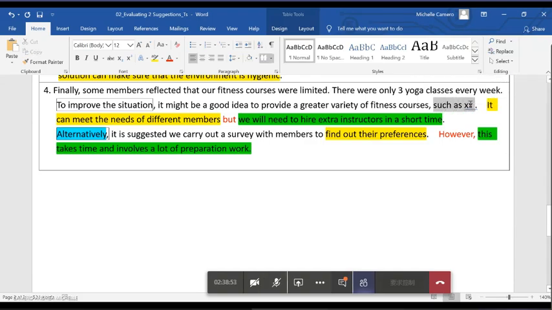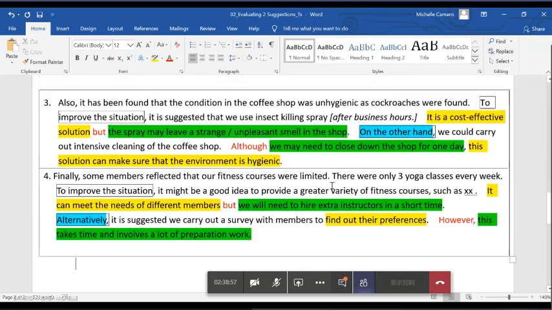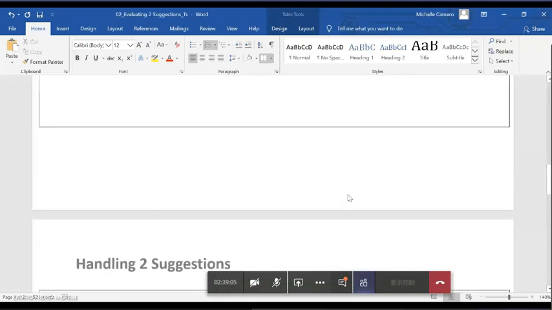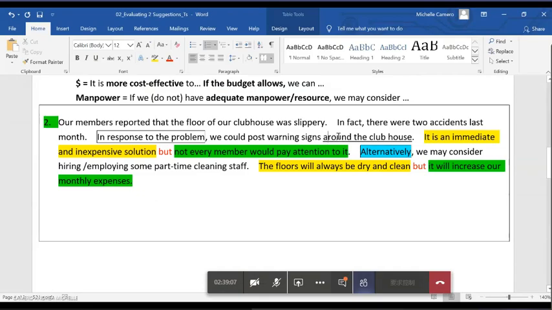So if you want to add some ideas and a little bit of extra detail about the solution, you can. And they did that here as well. You don't have to do it, but you can. And they did that here too.